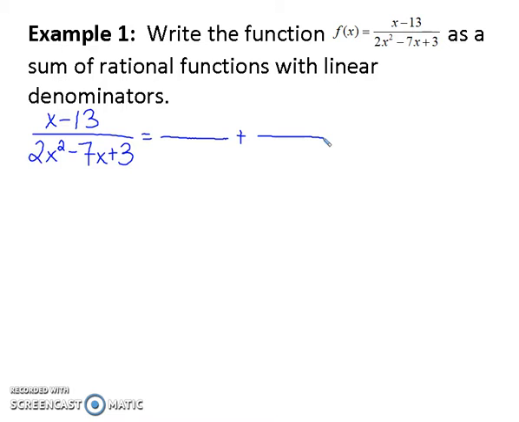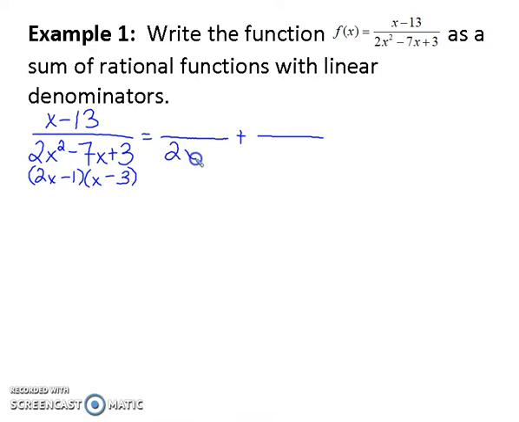The first thing you would need to do is factor 2x squared minus 7x plus 3. I just did the guess and check method. You use whatever method you want for factoring as long as you do it correctly. It would factor into 2x minus 1 and x minus 3.